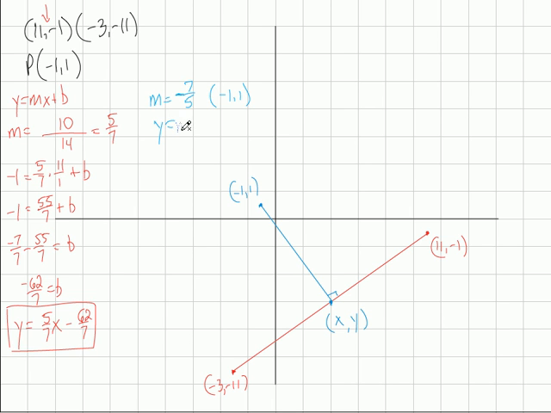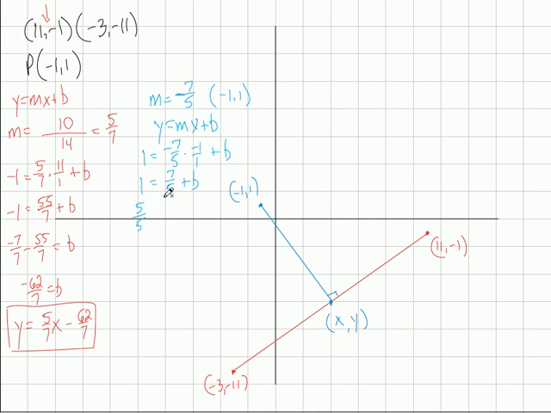I'm going to write y equals mx plus b again. And let's put some stuff in here. Put the y in there, which is a 1, equals the slope, which is negative 7/5, times x, which is negative 1, put it over 1, plus b. So it's 1 equals, that's positive 7/5 plus b. Subtract a 7/5. Well, let's turn this into what?